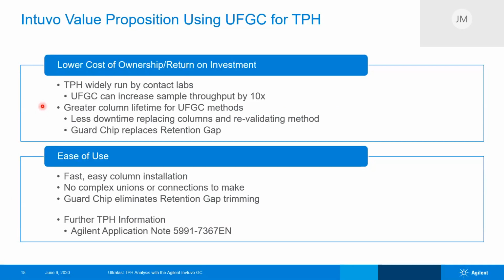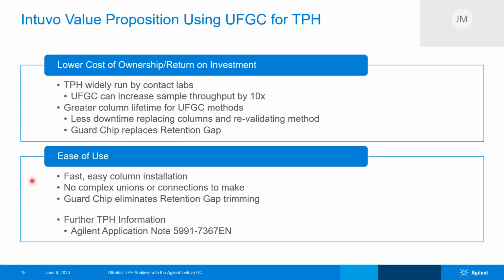The guard chip will replace a retention gap and protect the column from matrix contamination. And then also, it's a simpler column format, and there's less degradation, less complexity to the column when doing this rapid heating over and over again to high temperatures. So the column should last longer using an Ultrafast GC method with Intuvo.